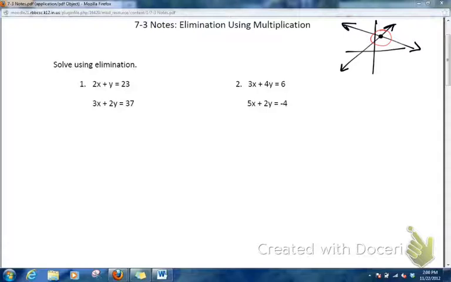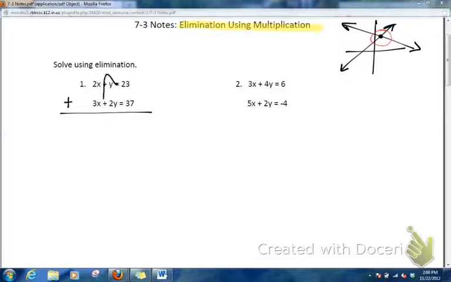Anyway, in this case we are using the elimination method, but the elimination method using multiplication, meaning that I still want to add these two equations together, and when I add them together I want either the x's to cancel or the y's to cancel. But in this case it's not going to happen because with the x's I have a 2x and a 3x. Well, that's never going to make 0.